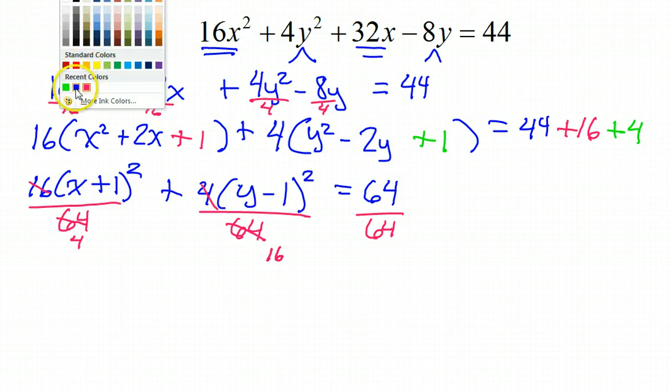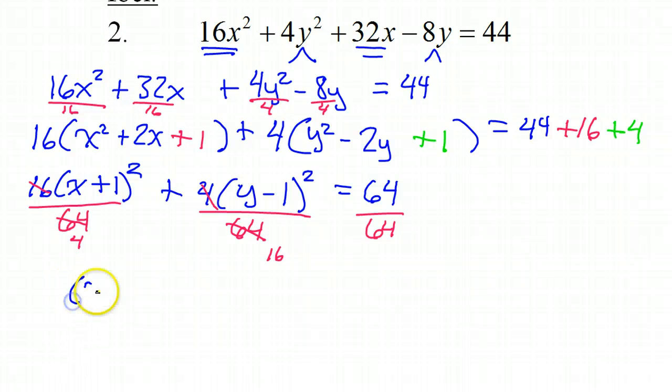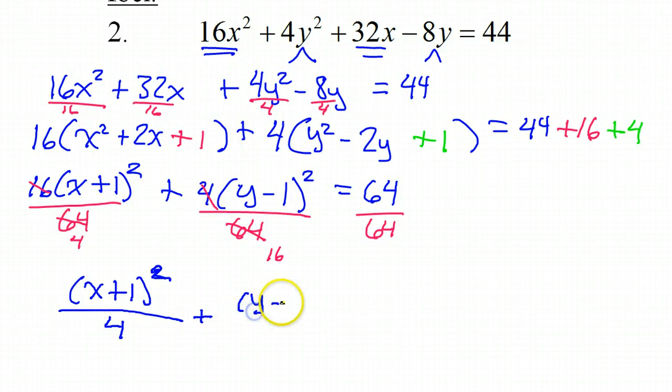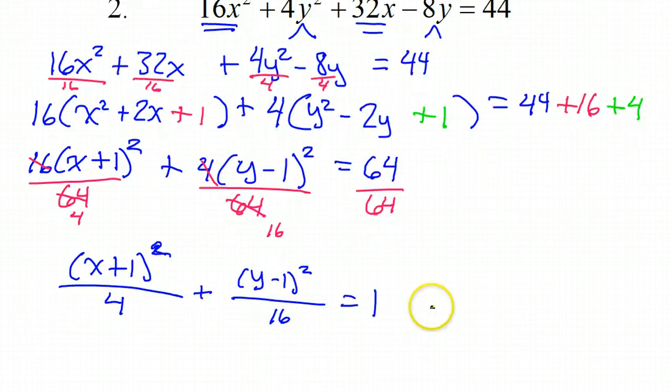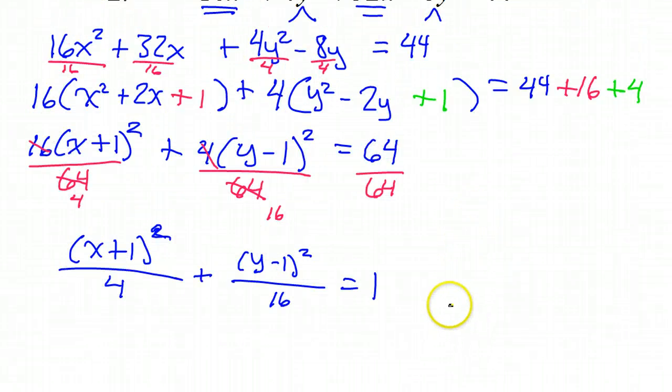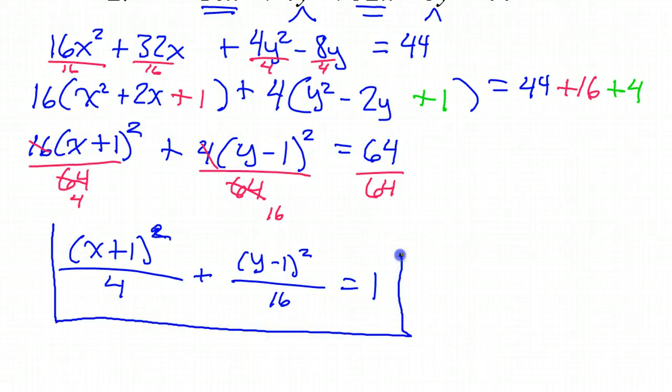So this is going to become x plus 1 squared over 4 plus y minus 1 squared over 16 equals 1. Okay, so this is our equation. Now from that we should be able to find all the other stuff.